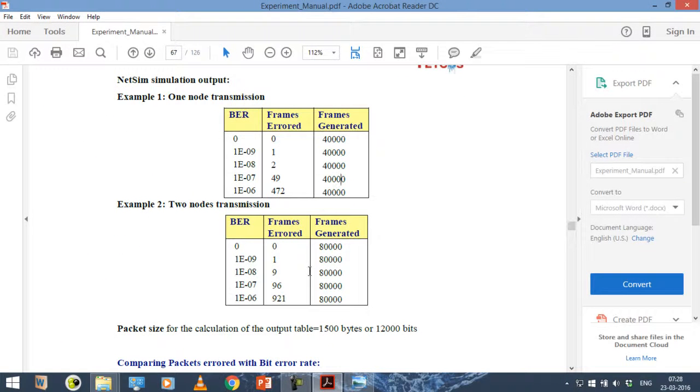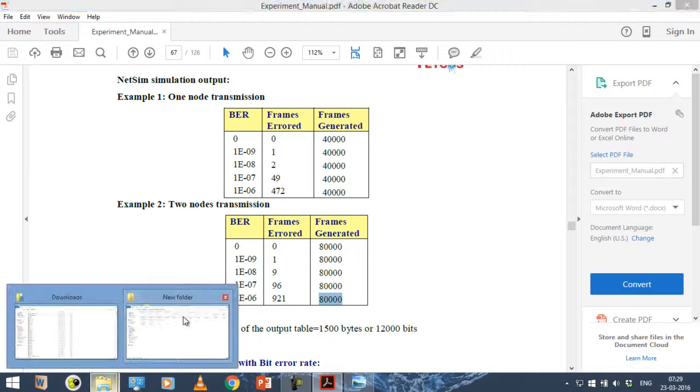As per the second table, in the last case it should be 921 and frames generated is 80,000.